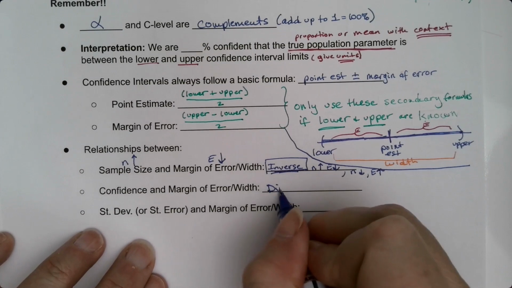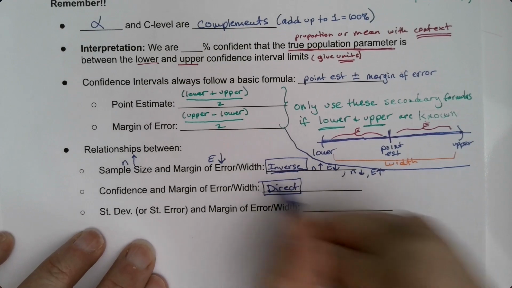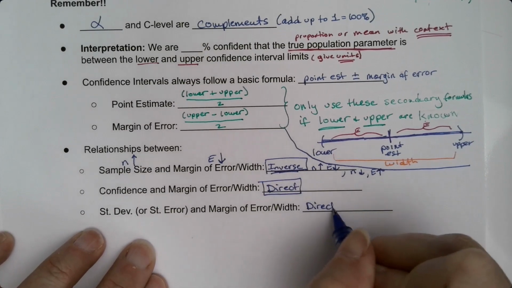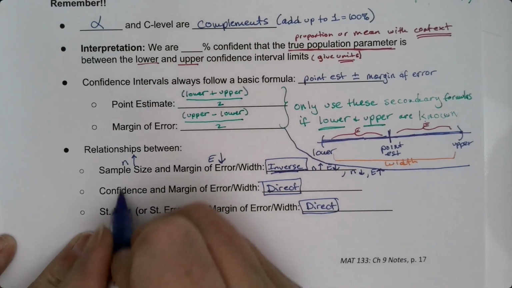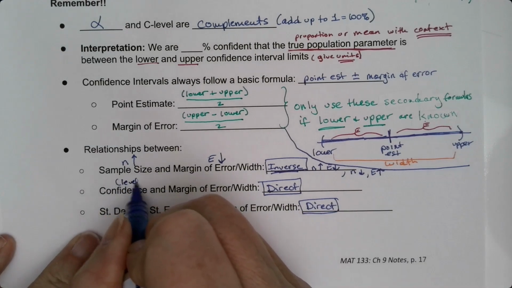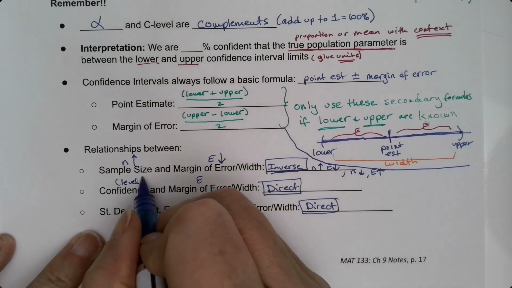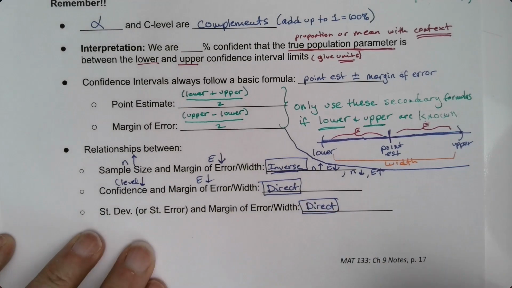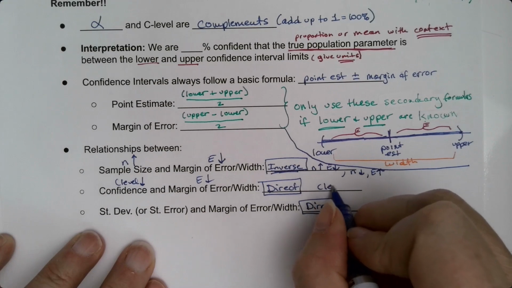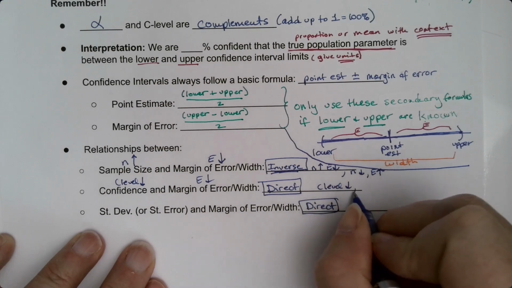These have direct relationships. So they're more straightforward. So if confidence level, C level, goes up, error goes up, right? Or if confidence level goes down, error goes down, right? So C level goes down, error goes down.